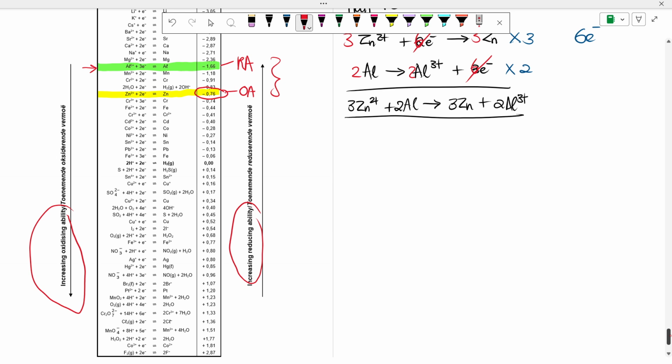But if it's swapped, if zinc was on top, let's say instead of zinc metal we used magnesium, which is just on the top. So magnesium itself, compared to aluminum, it wants to be a reducing agent, while aluminum will be an oxidizing agent. So a reaction will not take place. Why?